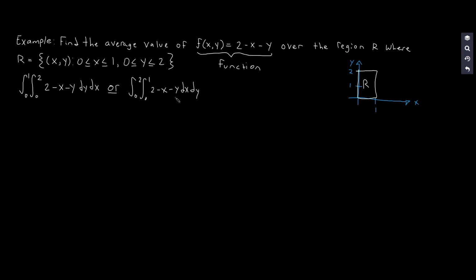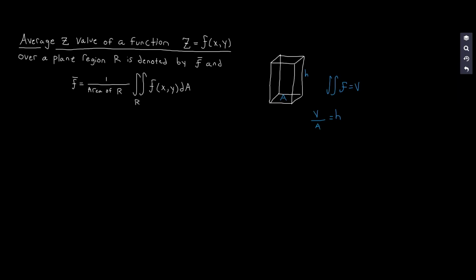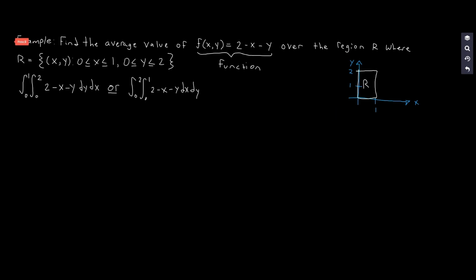So the area of R, we can calculate what the area of R is. I guess I didn't write it out. The area is length times height. We can calculate the area of this because area equals length times width, or if you'd like, length times height.